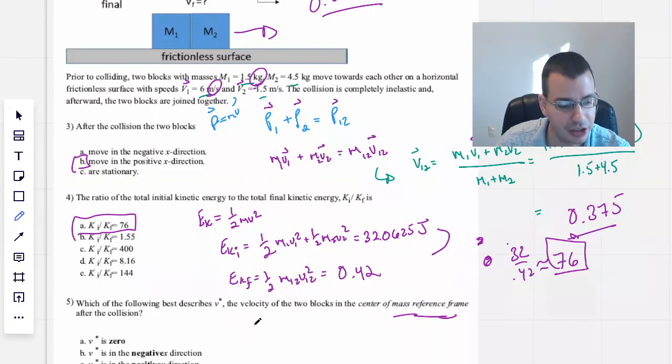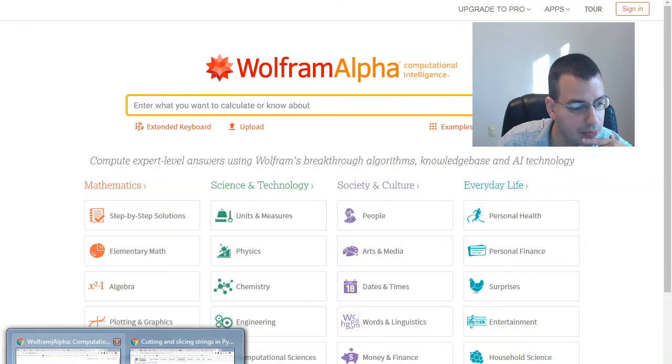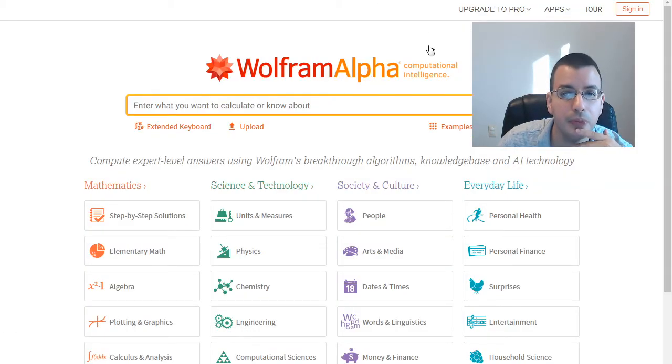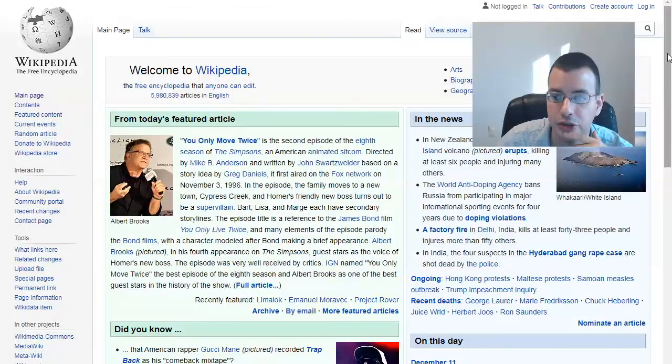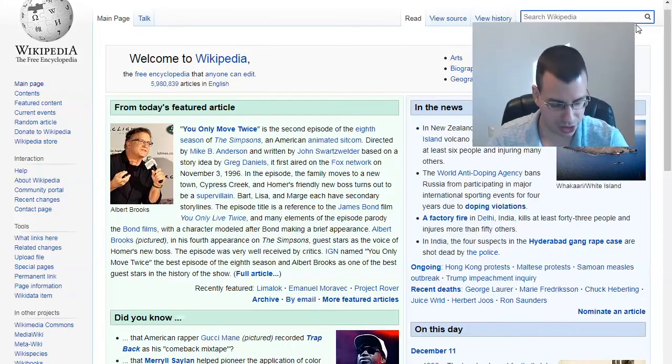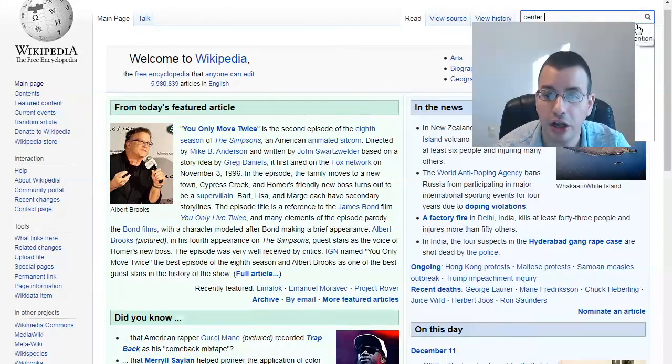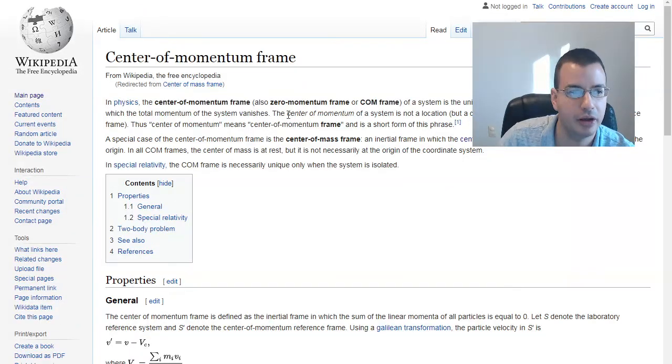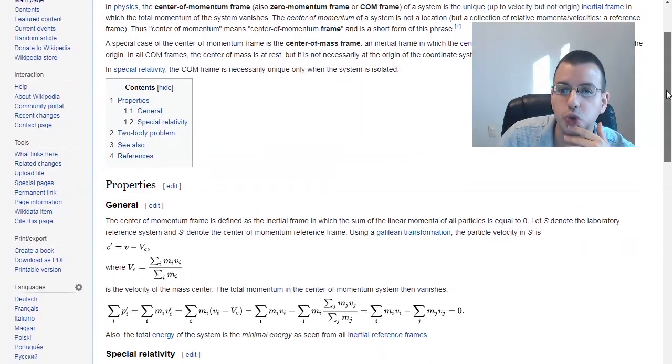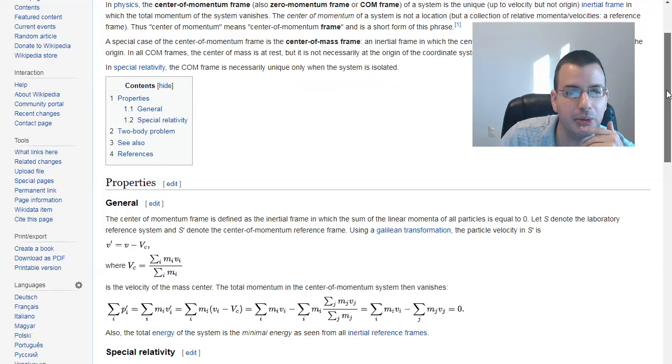And the answer is, I'm going to look this up on Wikipedia real quick. Scroll down slightly. We're going to do center of mass frame. This is talking about the reference frame of center of mass. So in physics, the center of mass frame is a system that is unique up to the velocity of an origin, and so on. A special case of the center of momentum frame is the center of mass frame.